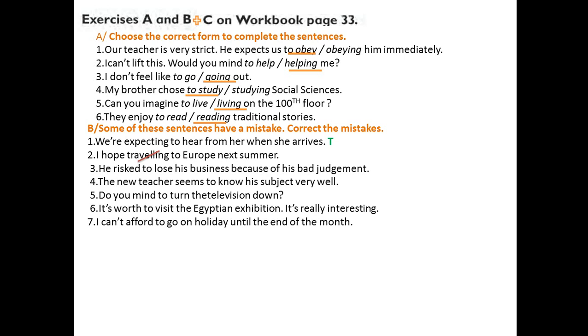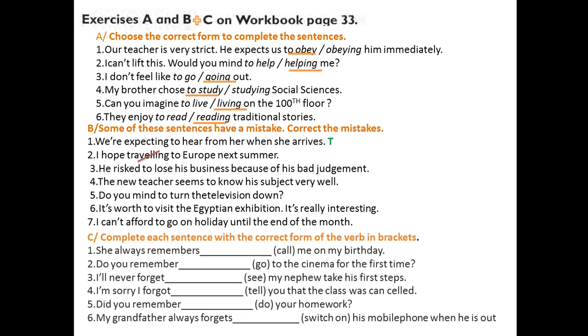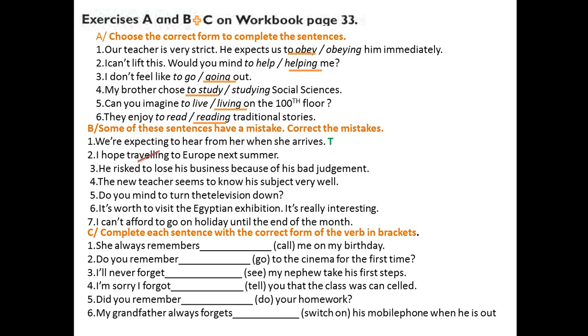Number 7: I can't afford to go on holiday until the end of the month. So you should look at the verb: which verb is followed by the infinitive, and which verb is followed by verb plus ing. You should do sentences 3 to 7 by yourself.